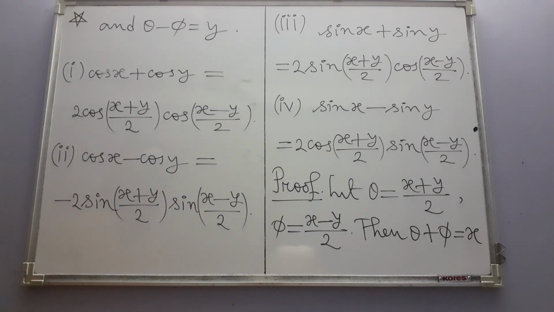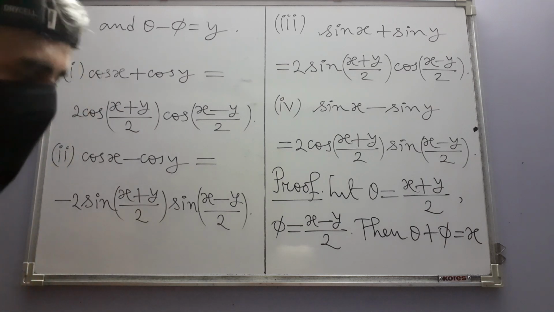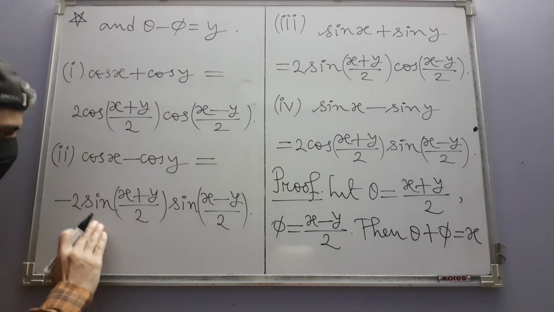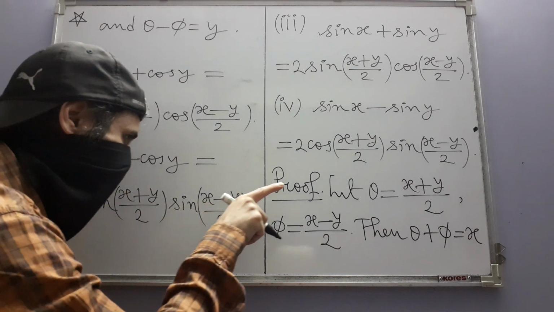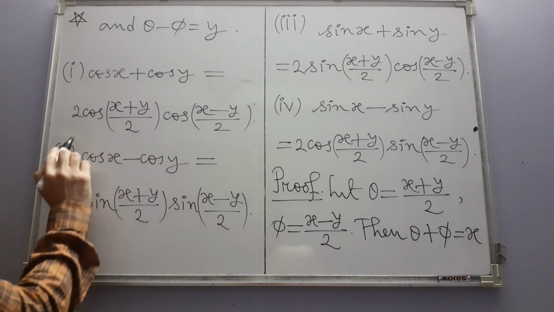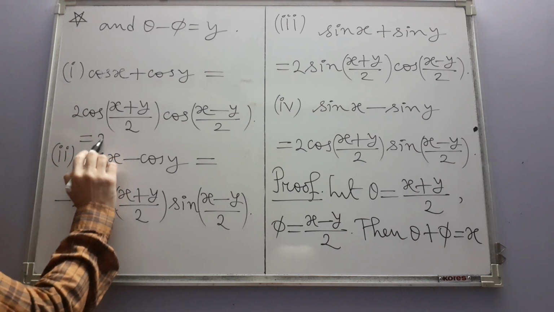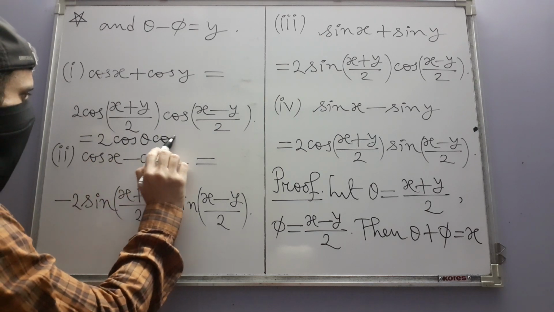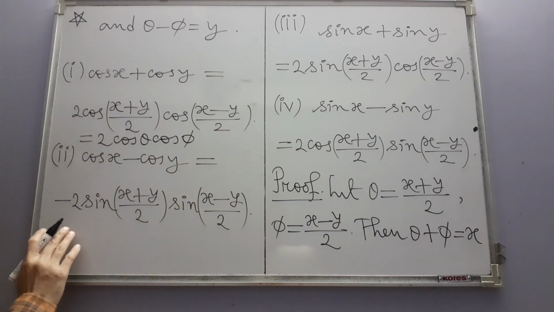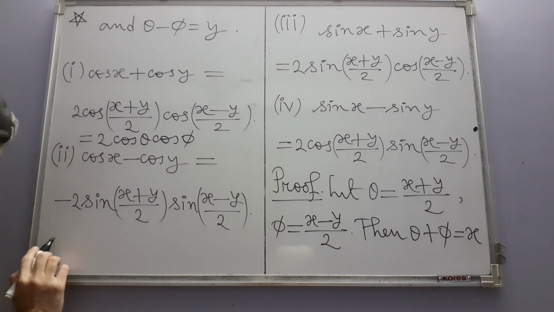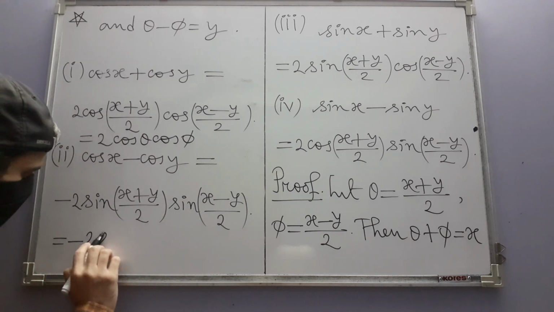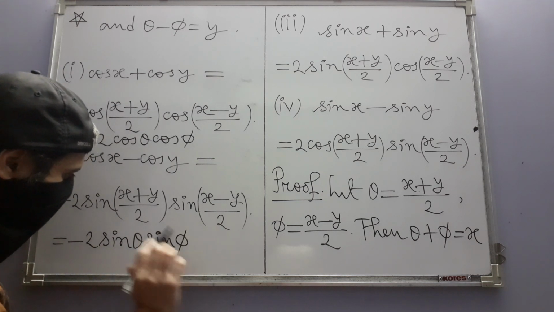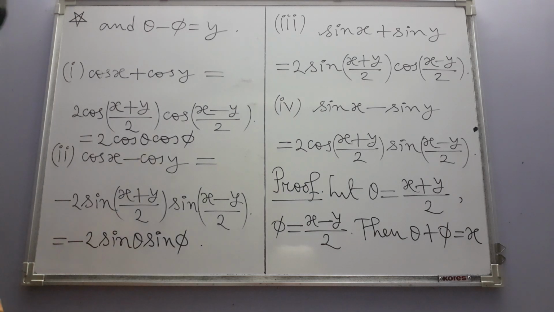Let us just think of the right hand sides of the first identity and second identity in terms of these new names. How do they look? Here it looks like this: 2 cos theta, cos phi. And how does the right hand side here look? Minus 2 sin theta, sin phi.